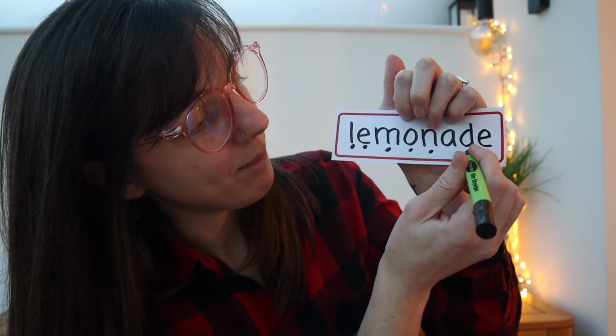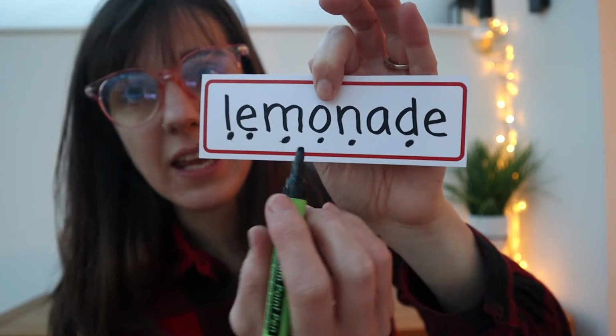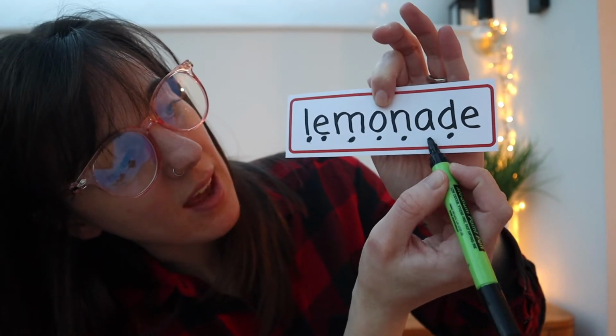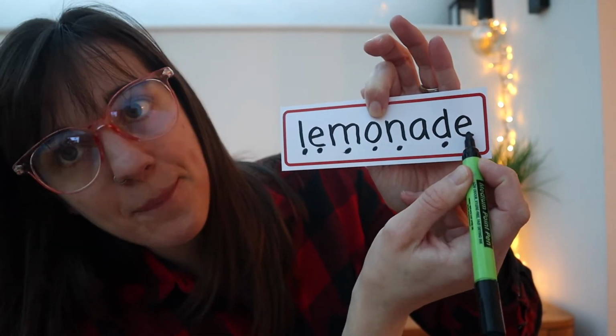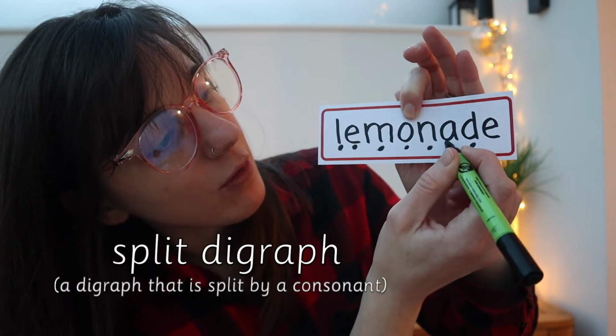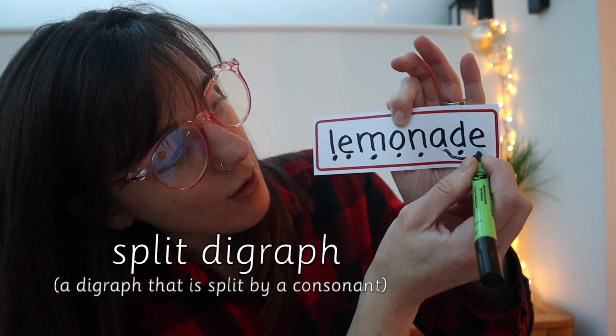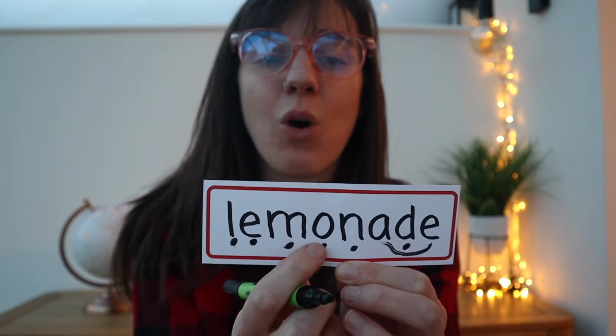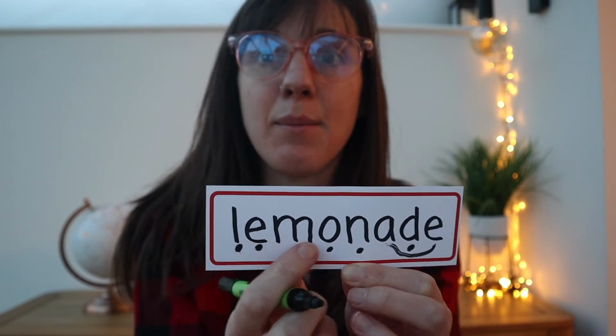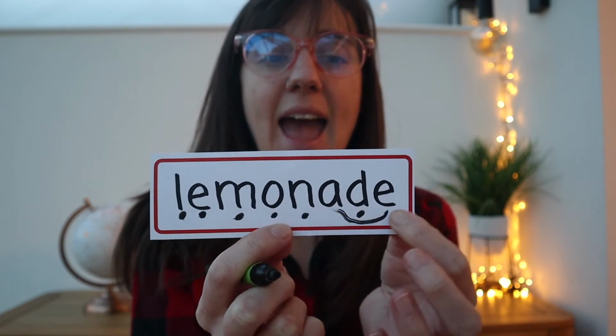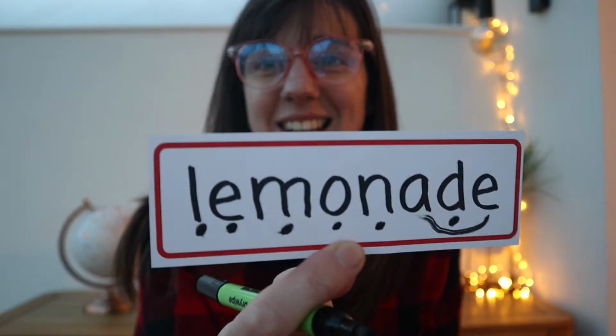Oh, I'm going to move that one. Can you see what I would need to put here? What would that be? A split digraph. Look, it's split digraph a-e. L, e, m, lem, o, n, on, lemon, a, d. Lemonade. Who likes lemonade?